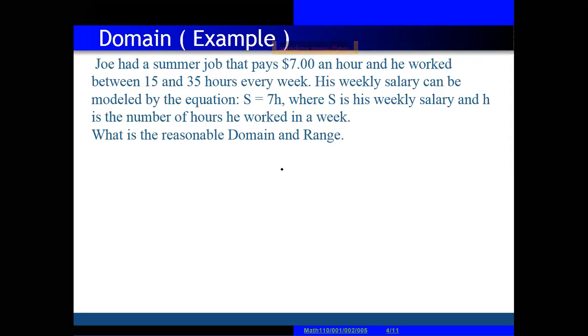Listen, we have equation S is equal to 7H. S means salary, H is hour, like per hour. So H is the number of hours. Per hour salary is 7. So if you work for 1 hour, 7 multiplied by 1 equals 7.